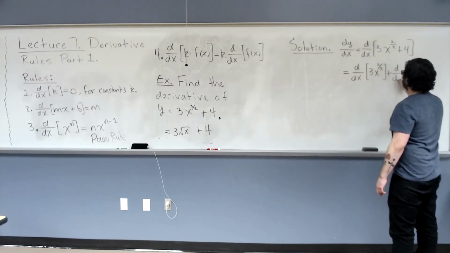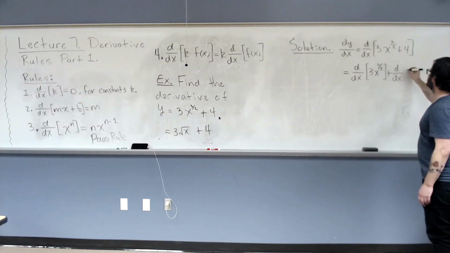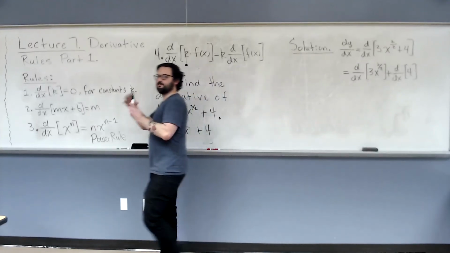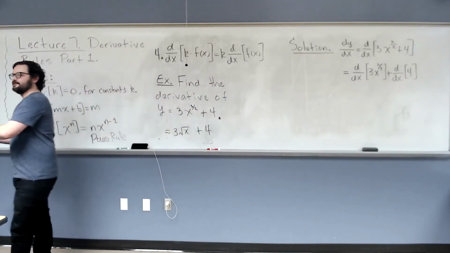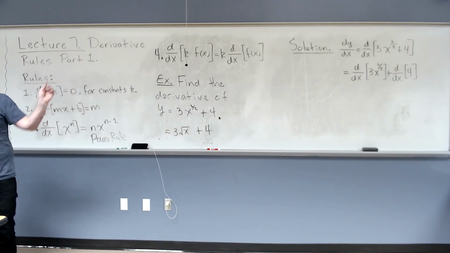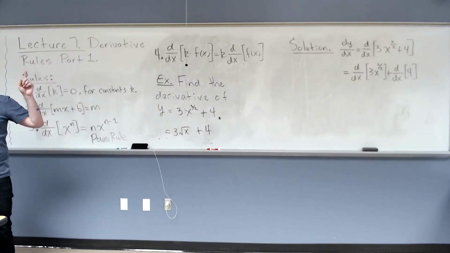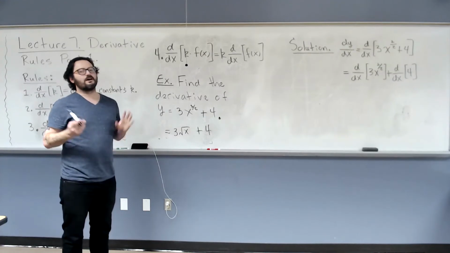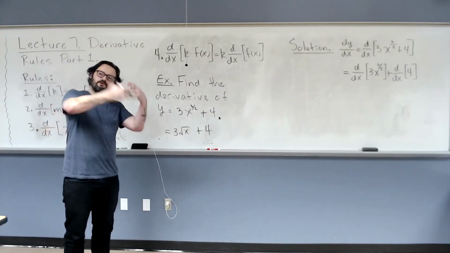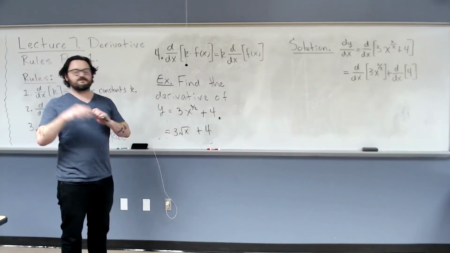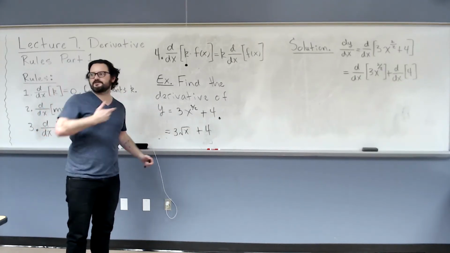We're going to write this formally as a rule in a moment, but let me write the solution first. Okay, so when I say linear operator, I mean that it's an operation you can apply to functions and it distributes across sums and differences. So it just got distributed in. Is that clear? A linear operator is an operation you can throw onto a function and it does stuff. And the linear part means it more or less distributes across sums and differences.